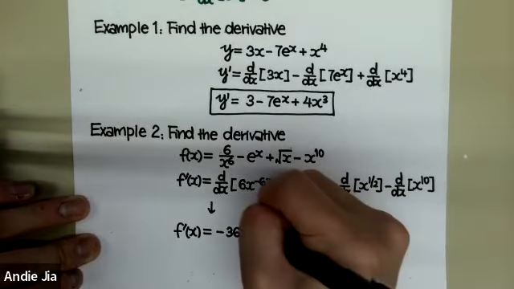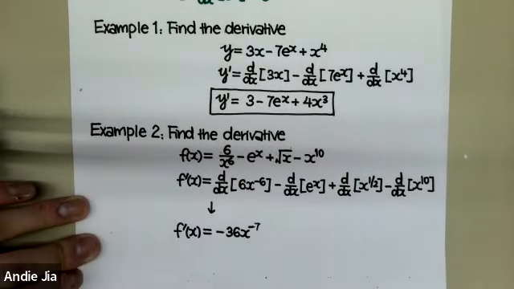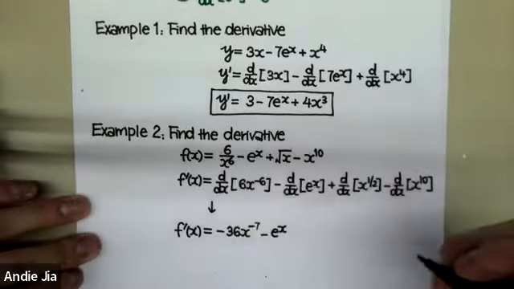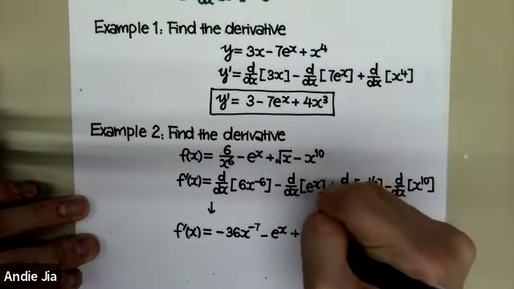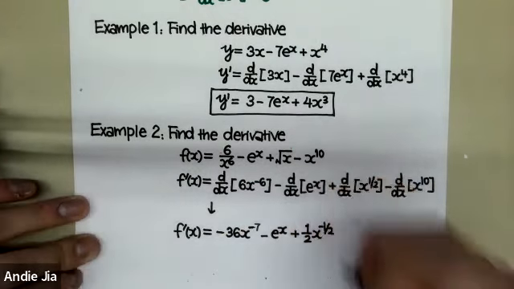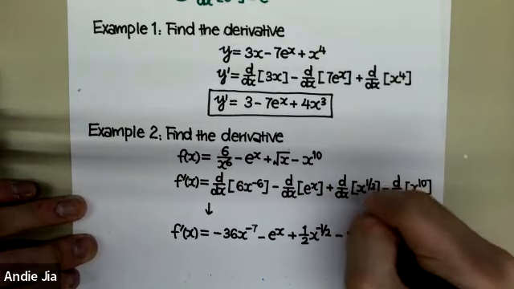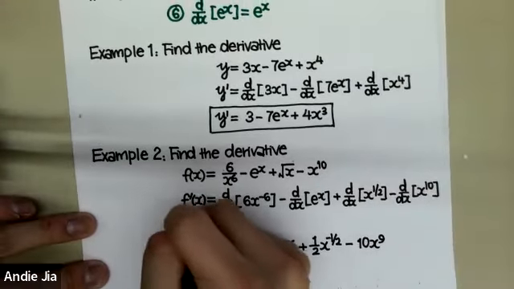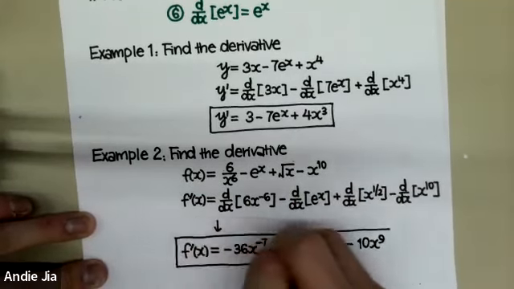I apologize for it. Minus e to the x plus 1/2 x to the -1/2 minus 10x to the 9. This is the derivative of the function.